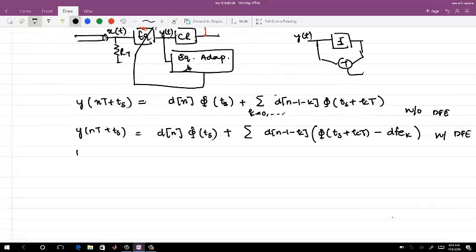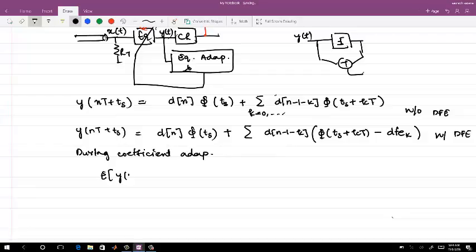During coefficient adaptation, we tried to minimize the mean square error. This is the error, and we try to minimize the mean square error. And then that information was used to adapt the coefficients.